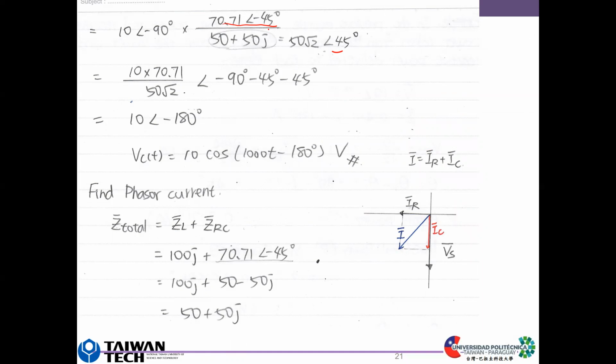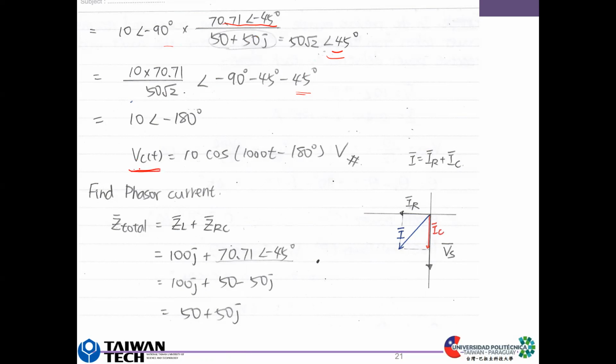So we have 10 times 70.71 divided by 50 times square root 2, and the phase angle is minus 90 minus 45, because the multiplication is the summation of phase angles, and then minus 45. So the answer is 10, and the angle is minus 180 degree.